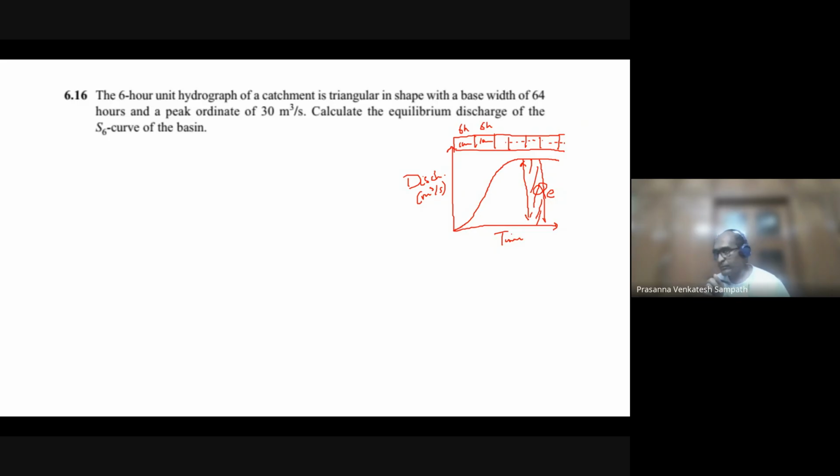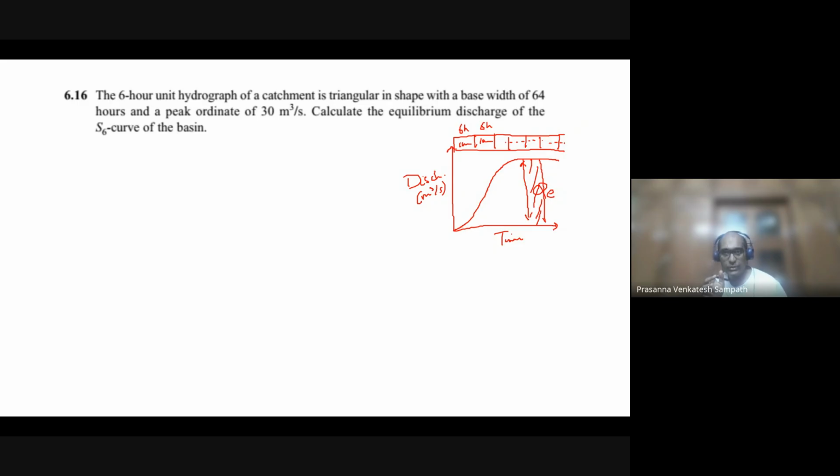So I have QE, the ordinate on the y-axis, and then I'm taking a delta t of 1 hour. So the area of that rectangle will be QE into 1 hour, correct? Of course, you have to convert it to meter cube per second. So 1 hour, you have to convert to 3,600 seconds. Does everybody agree with me?